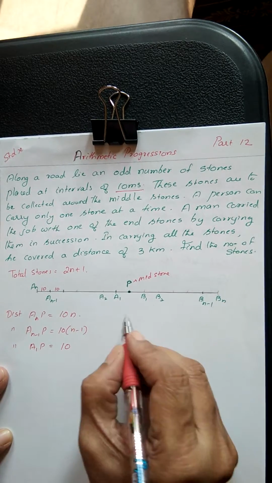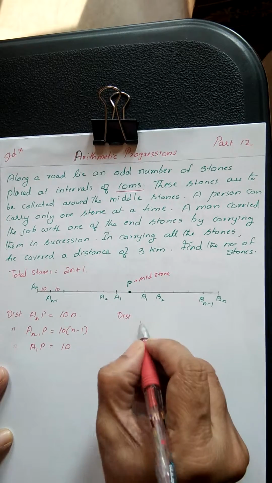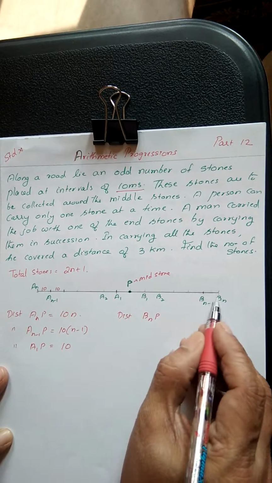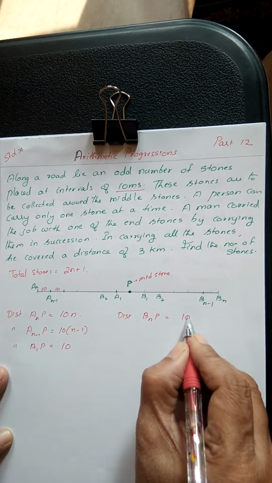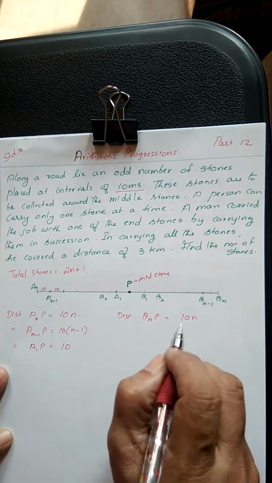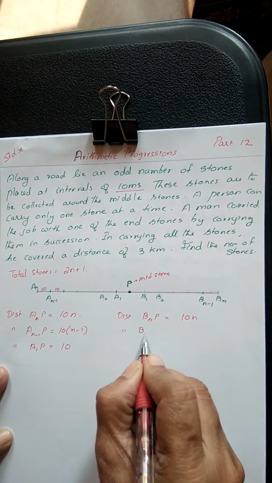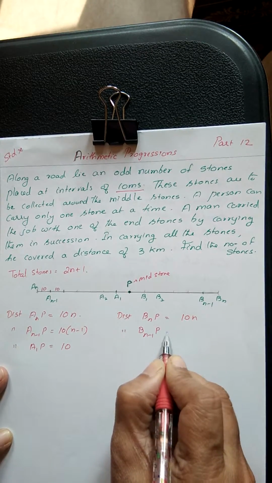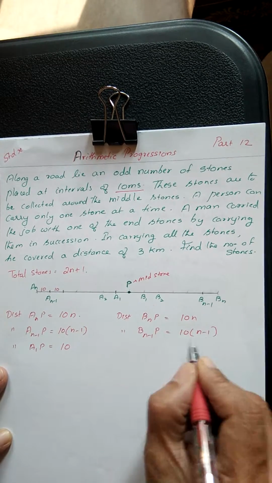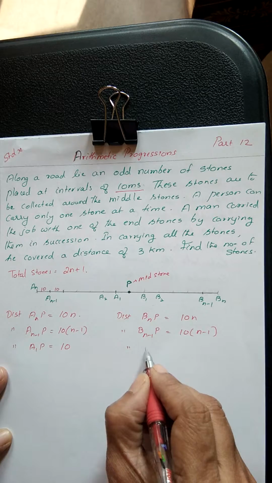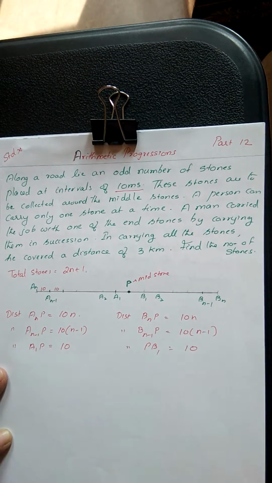Similarly, on the right side, from BN to P, the distance will be 10N because the number of stones is N. The distance B n minus 1 P will be 10 into n minus 1, and the distance PB1 is equal to 10.